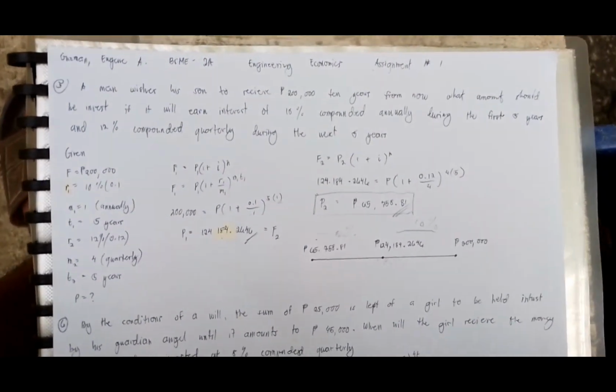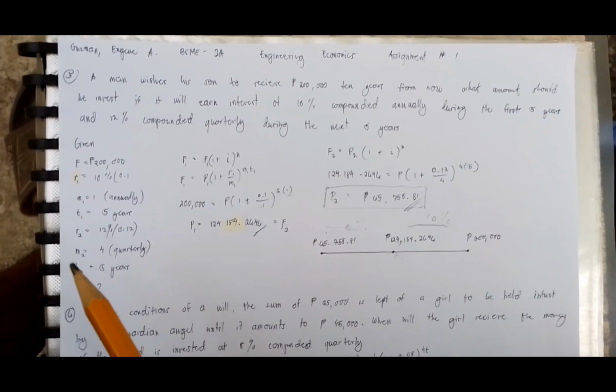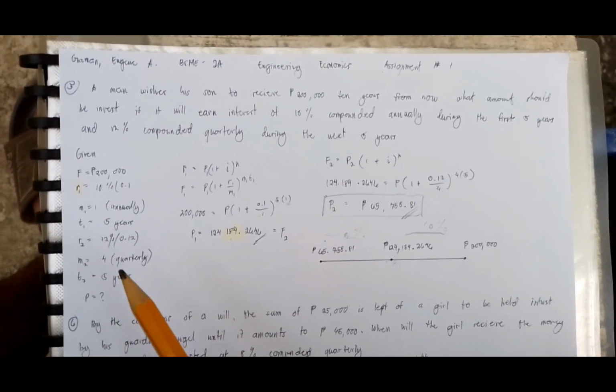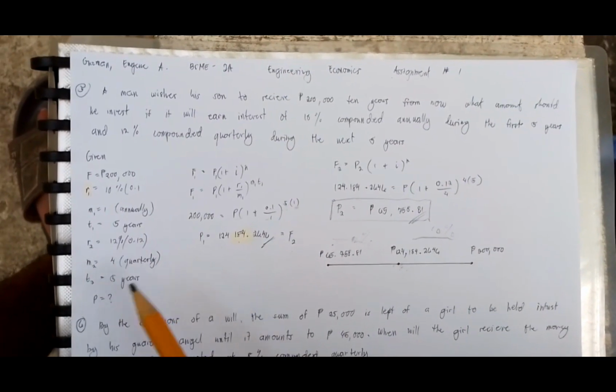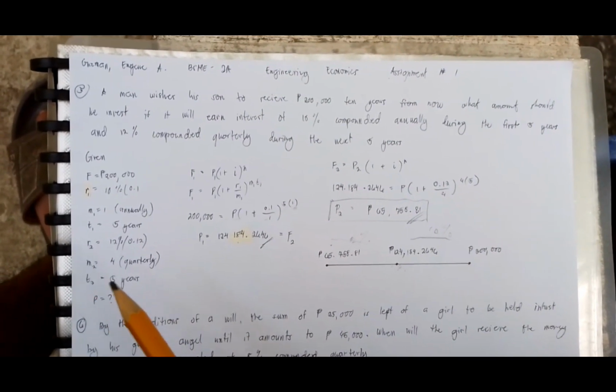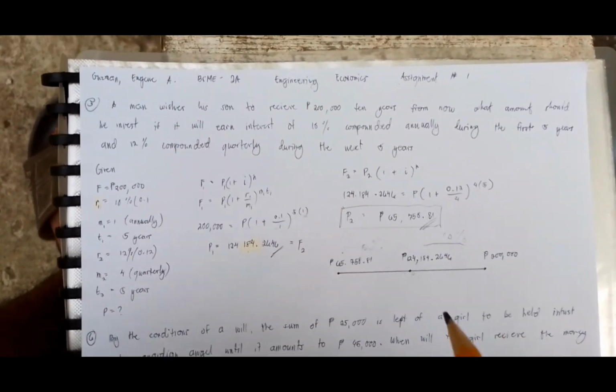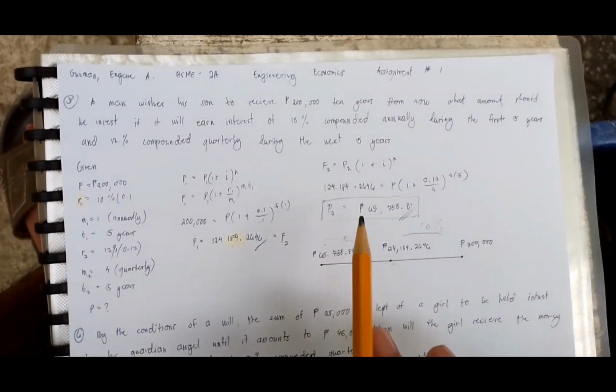So next, given is r2, or nominal rate, 12% or 0.12. m2 is the mode of compounding. Quarterly means 4 times a year. So T is 5 years again. So simply substitute.